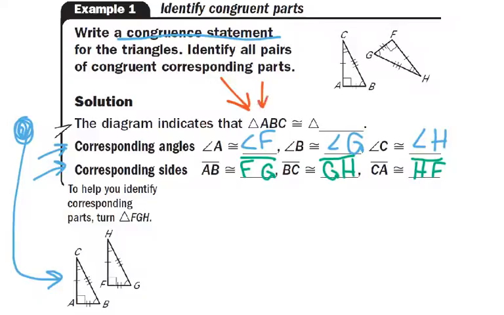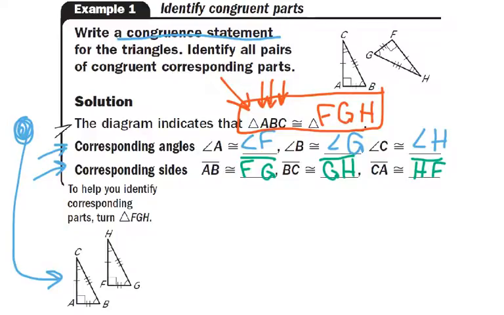Now A corresponds with F. So it would be triangle F. B corresponds with angle G. So B is in the middle, G would go in the middle. And then finally C corresponds with H, so that would be triangle FGH. That is our congruent statement. Again, the corresponding parts need to line up.